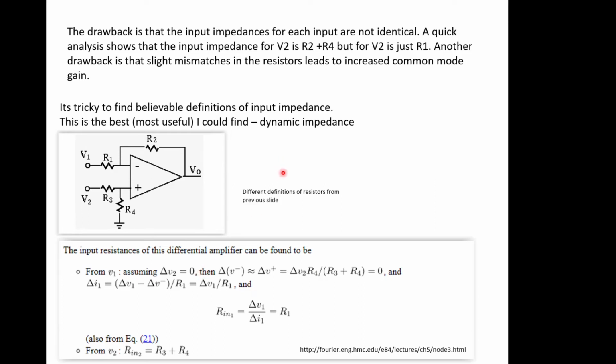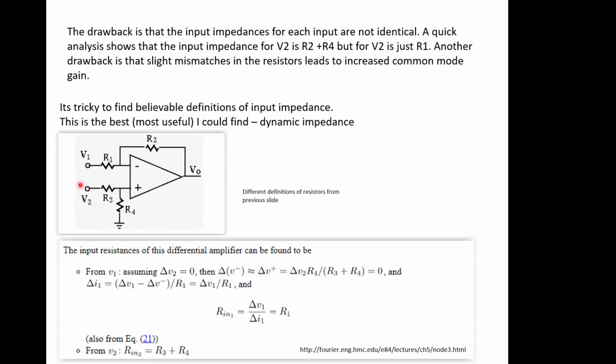This boils down to R in 1, in terms of these definitions anyway, being equal to R1 for AC signals. So it just sees that, and then the effects of the op amp effectively connect it down to ground without anyone knowing. So as far as the signal is concerned, it's just seeing R1 as an input impedance, and V2, by the same kind of logic, is really just seeing the series combination of R3 and R4.